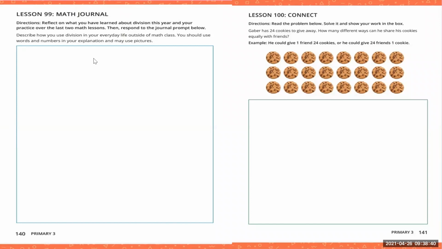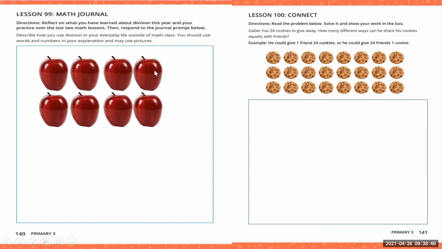Okay. Describe how you use division in your everyday life. I'll give you an example. If we have 8 apples and I want to distribute them between 2 friends, each friend will take half. What does this half equal?